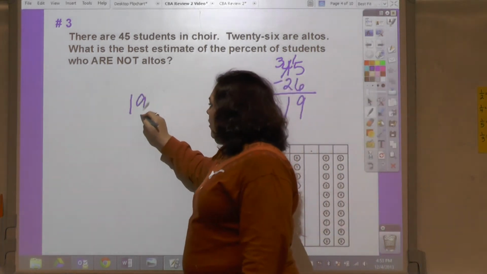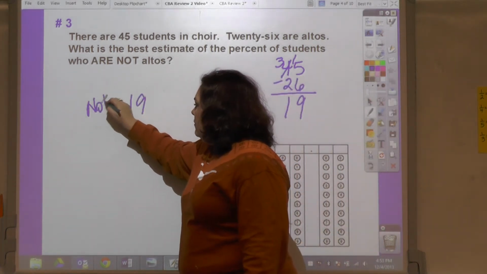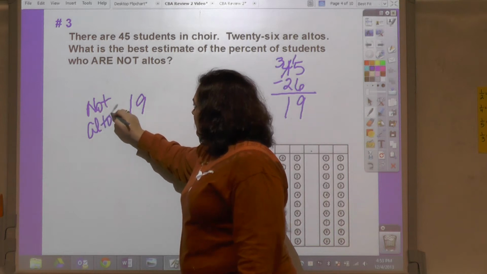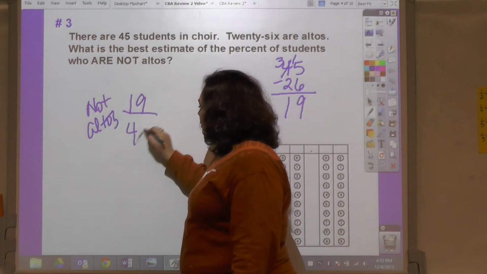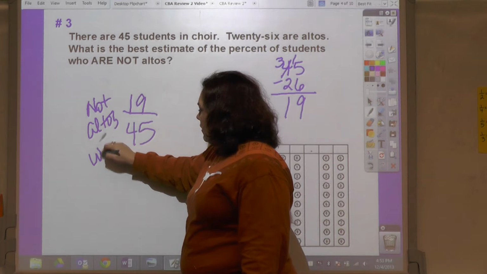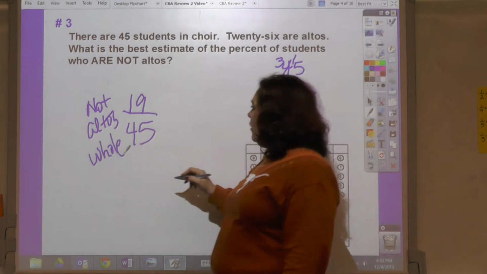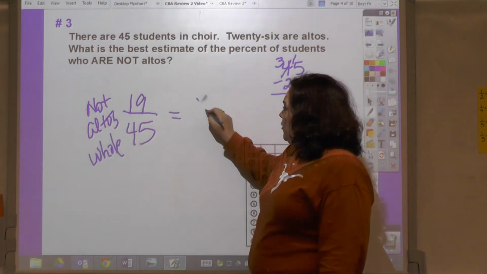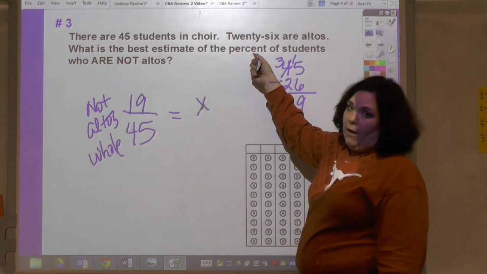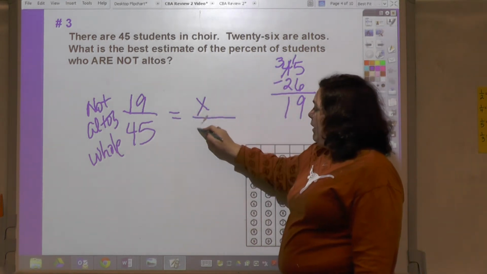So 19 are not altos out of the whole 45. This is my part to whole. And what percent is what I want to find, is out of 100.